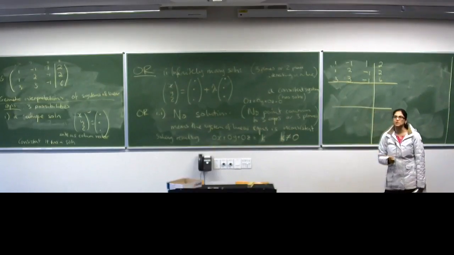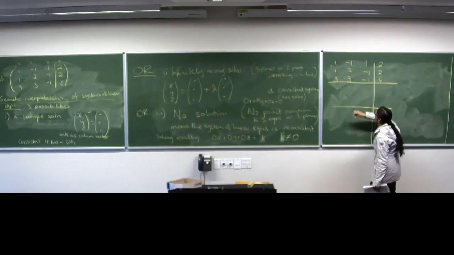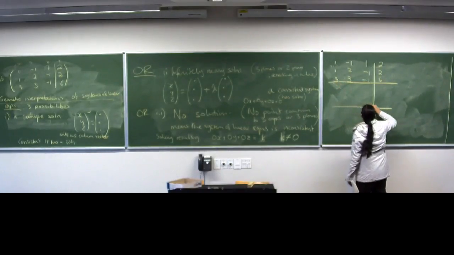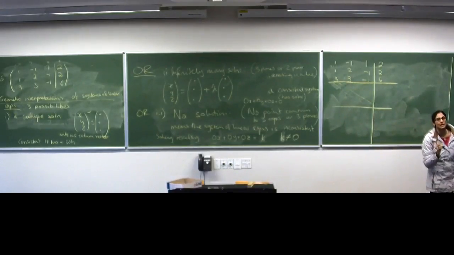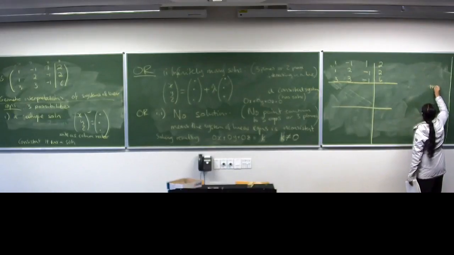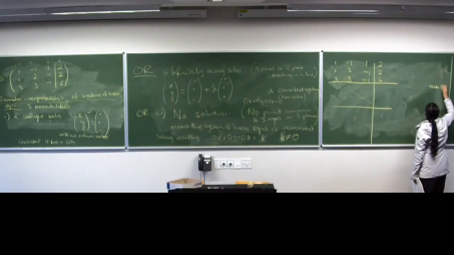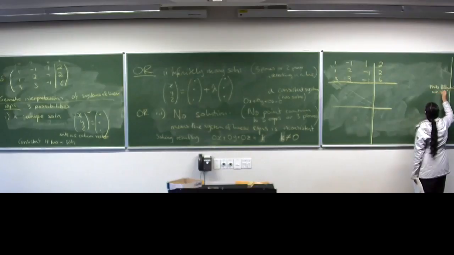Now the way we do this is, it has the method of simultaneous equations, but it's embedded in here. What we're going to do is try to make the diagonal non-zero.